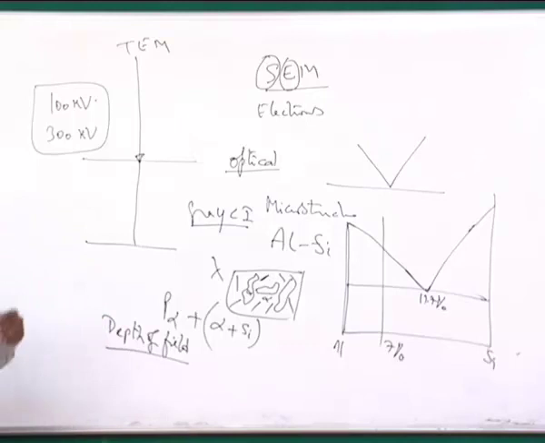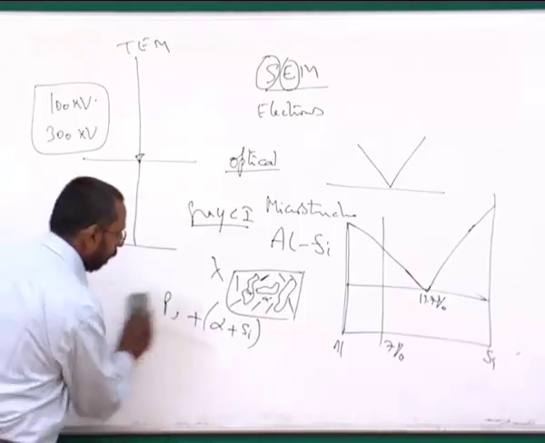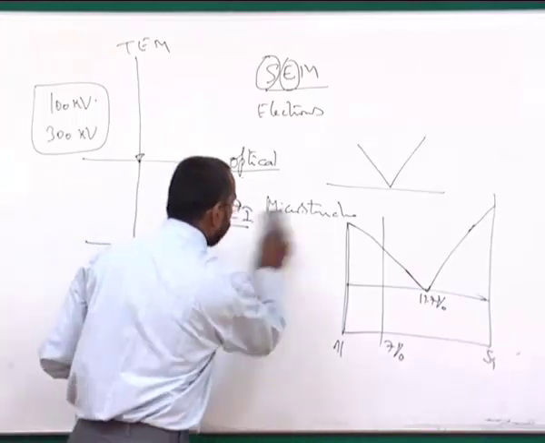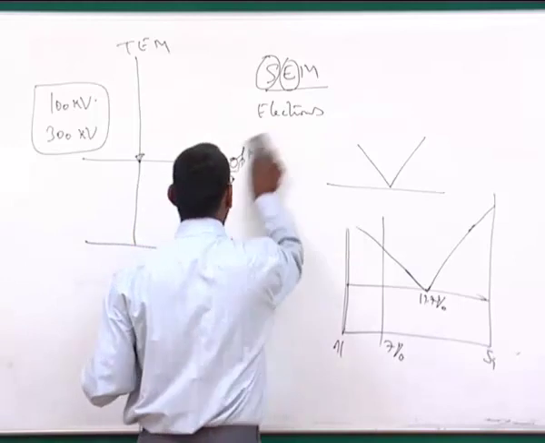Particularly when you have an alloy with a second phase, you will be able to see the shapes of these second phases very clearly and get an idea of the correct shape of the second phase, which is not possible with a normal optical microscope.